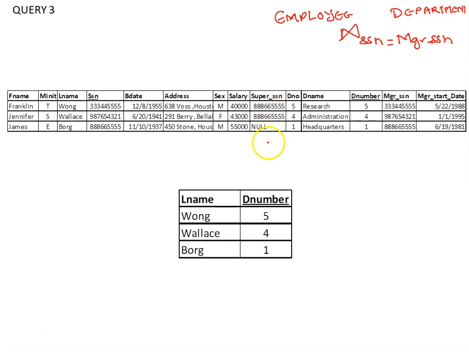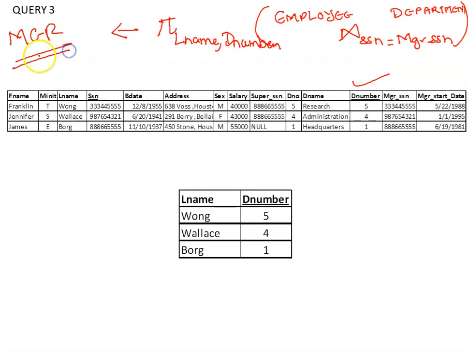Okay, that gives us this table, and then I apply a project operation on this, picking up the L name and the D number, and store it into a relation called managers. Now this table has the list of all the managers and which department they are handling, right? So this is our managers table.